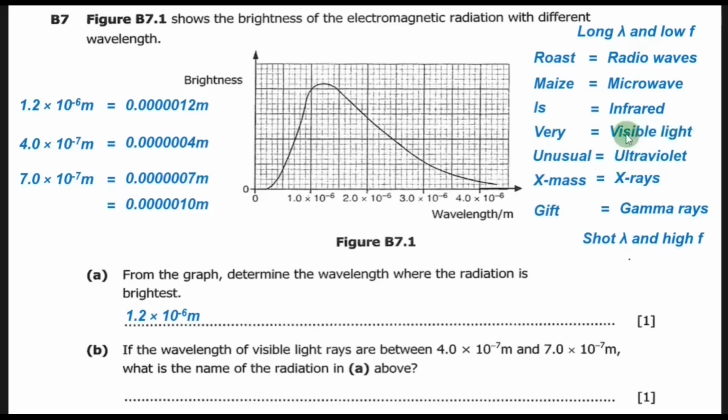So when you compare this wavelength range for visible light, it is from here to here, and this one is closer to this, but this one which is 0.0012 is a bit greater than 0.0010. So meaning this one is much greater than this one, which is for light. So if light is here, the one with a greater wavelength is infrared. So here the answer should have been infrared.